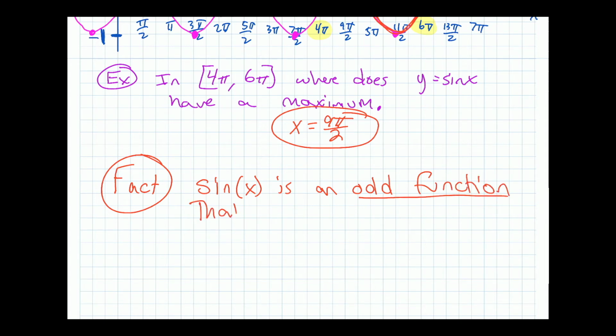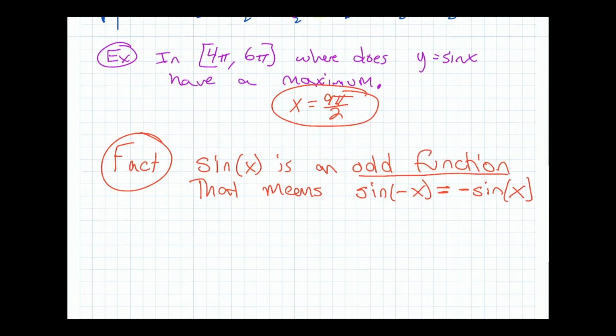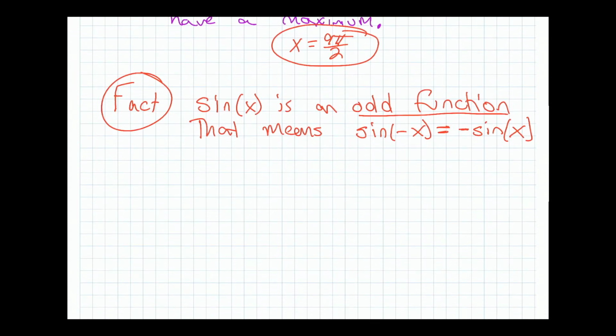That means sine negative x equals negative sine x. And this fact here, that's what makes it an odd function. That's the definition of odd. So here's the fact. Sine x is odd. That means sine negative x is negative sine x.